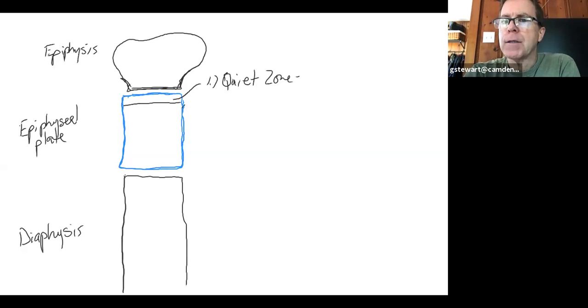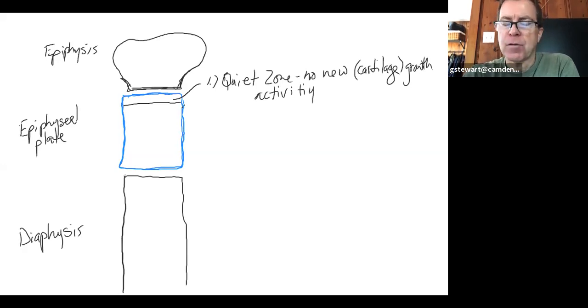And in the quiet zone, we have no new (cartilage growth activity). Chondroblasts, which are immature cartilage cells, they do the growing of new cartilage. While right here in the quiet zone, there's pretty much nothing going on. It's just a quiet cartilage plate.